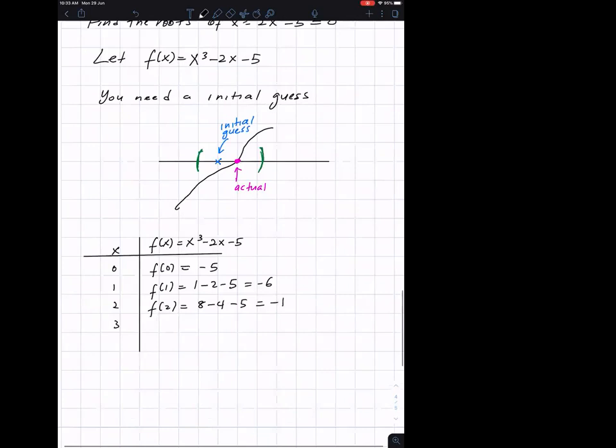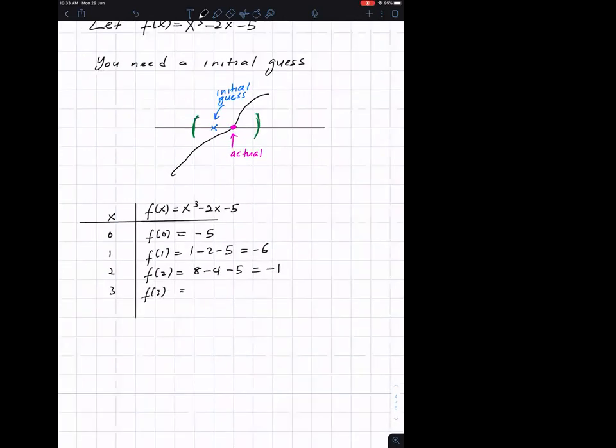F(3) is 27 minus 6 minus 5, so we get +16.